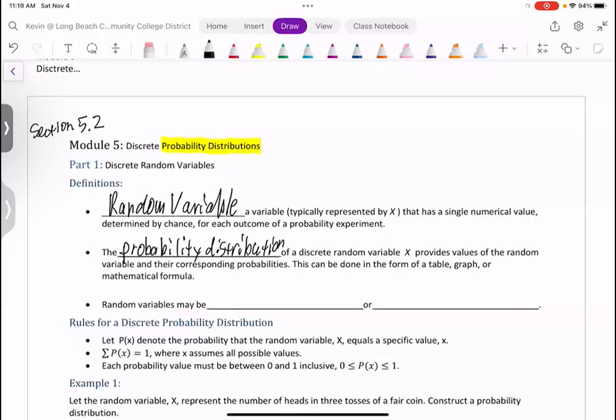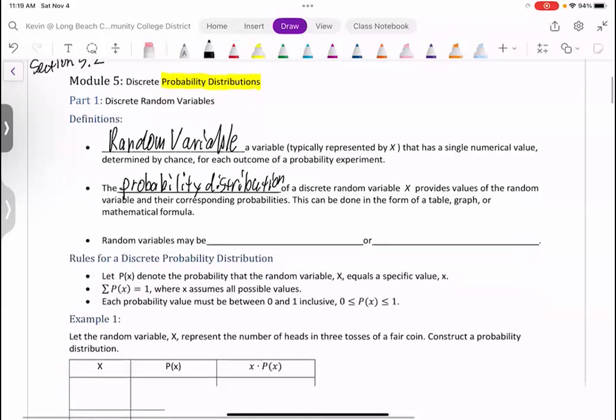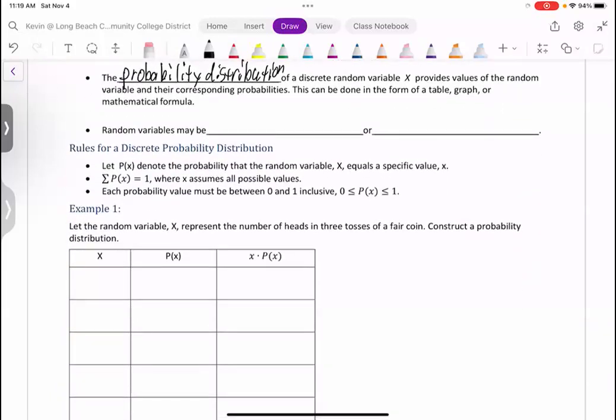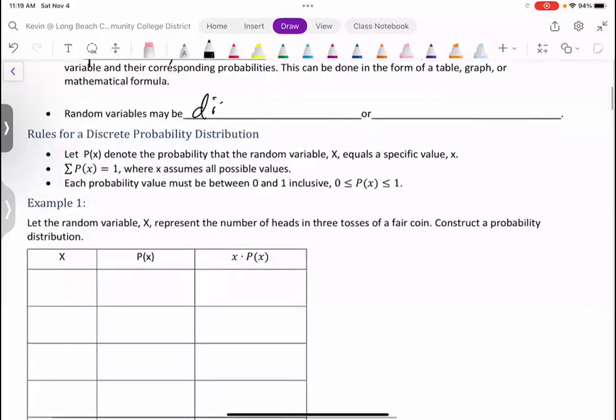This can be done in the form of a table, graph, or formula. Random variables are going to be either discrete or continuous. For this particular video and the rest of chapter 5, everything will be discrete, and from chapter 6 on, everything will be continuous.